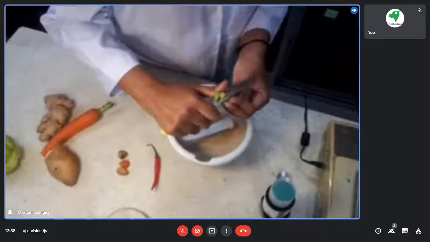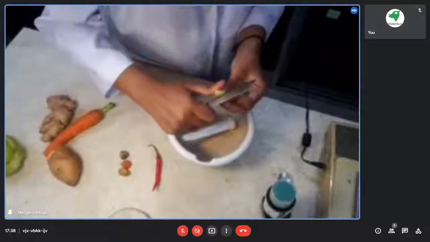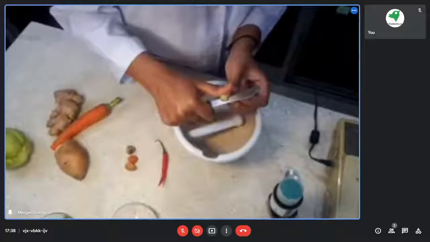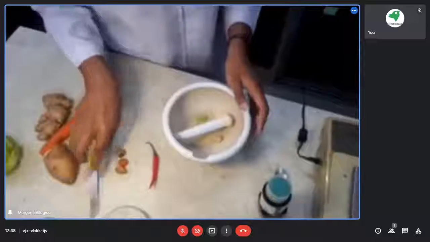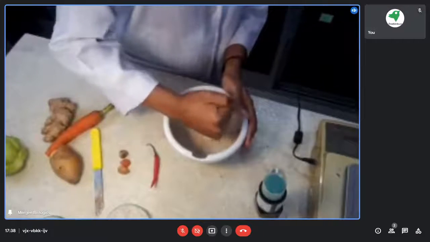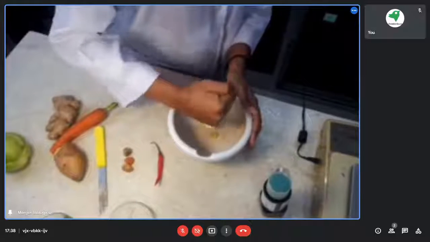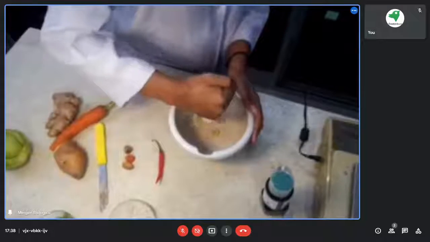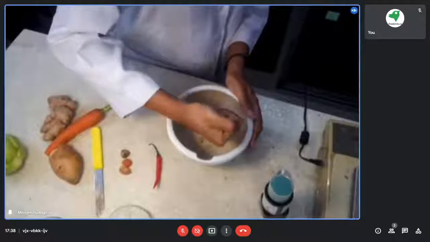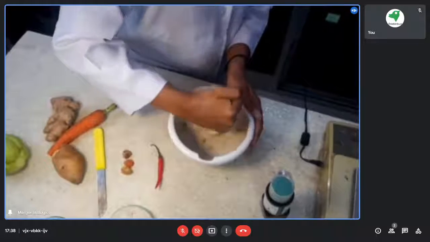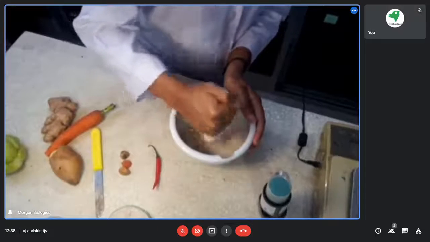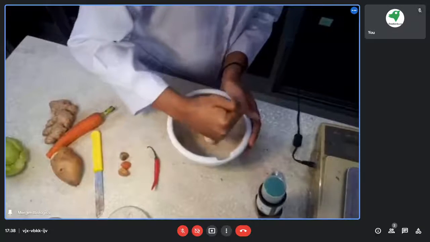You can do that too, but please be careful with the knife. We are breaking this vegetable so that the starch will be released from it and we can have the starch directly for the analysis.